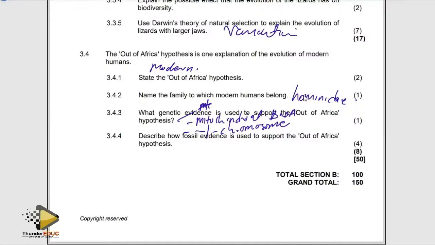Little Foot, africanus. Karabo, sediba. All those Australopithecus species were discovered in Africa. Homo habilis, also in itself, was discovered in Africa. That is the handyman. Now, when you reach here, you add the word oldest. The oldest fossils of Homo erectus and Homo sapiens were also discovered in Africa.